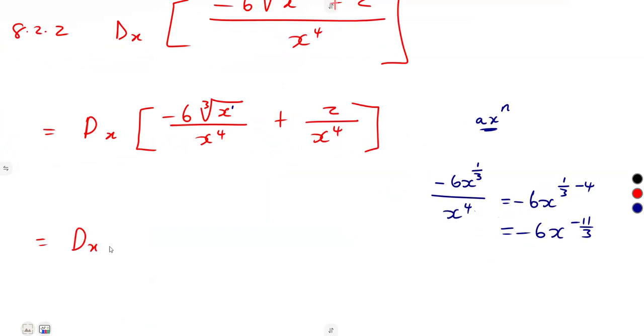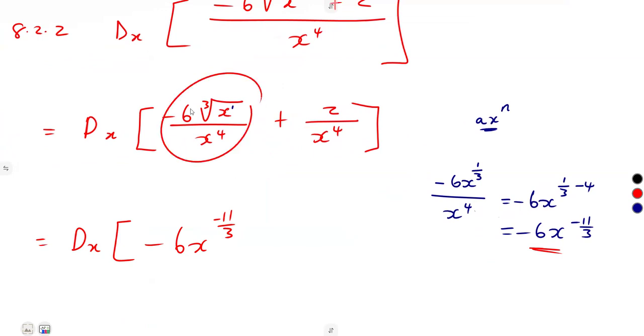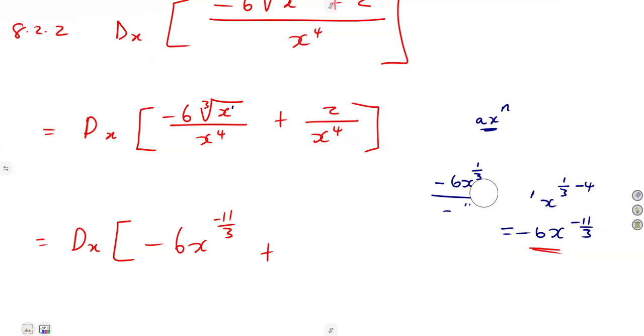So that was going to be minus 6x to the exponent of minus 11 over 3. From this whole part, we have simplified. Then we move on to the second part, which is plus 2 over x to the exponent of 4.